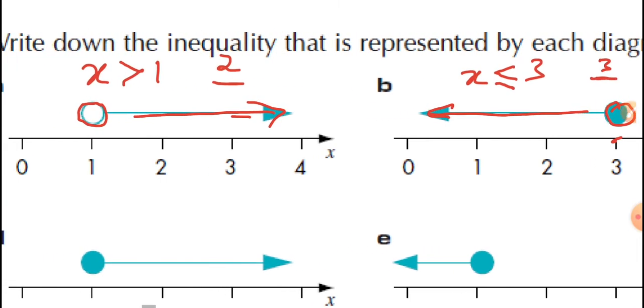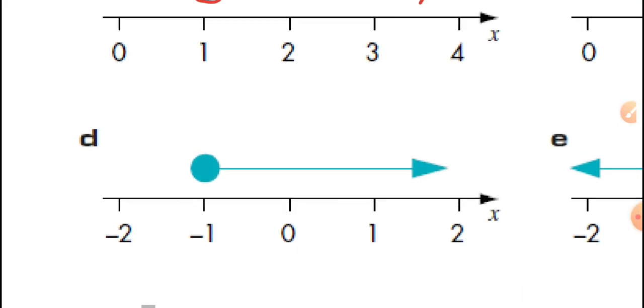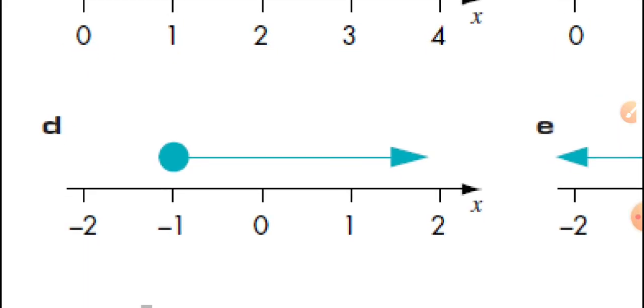So moving on to D now. I can see it's got something with negative 1. So x is greater than or equal to negative 1 because it's shaded. So I had to put the equal sign in. So x is equal to or greater than negative 1.